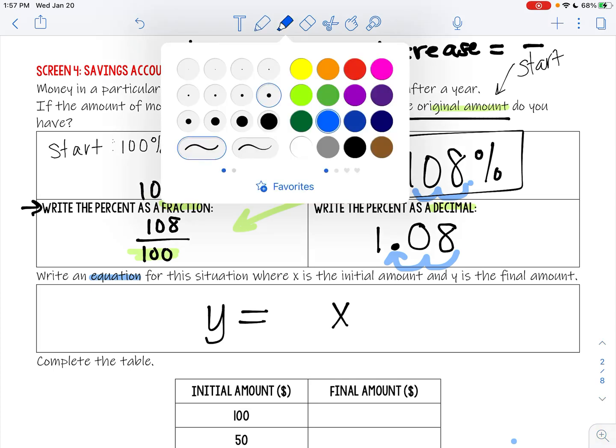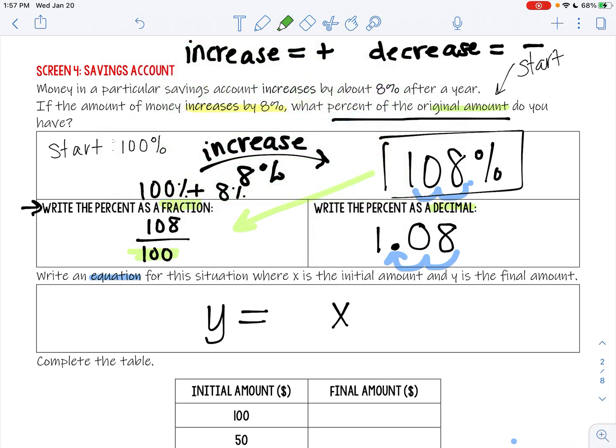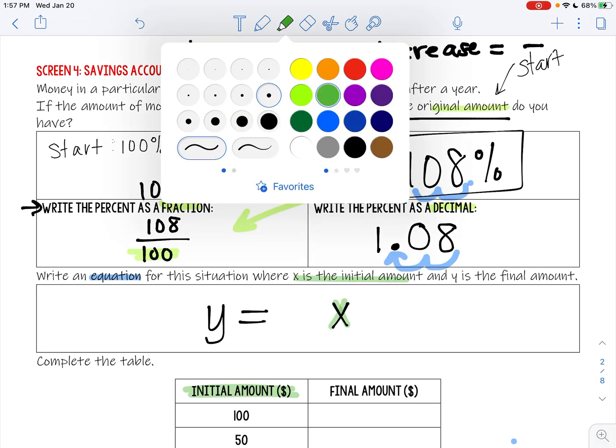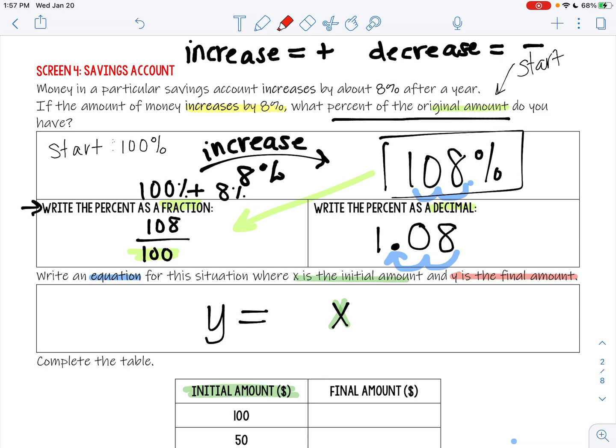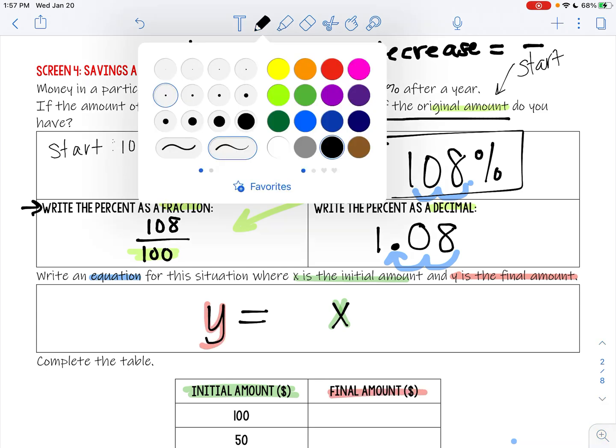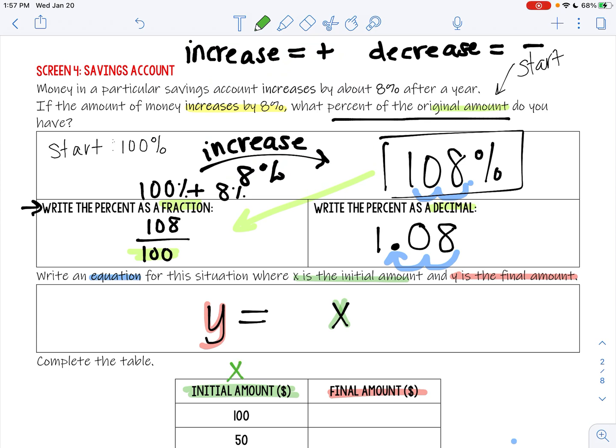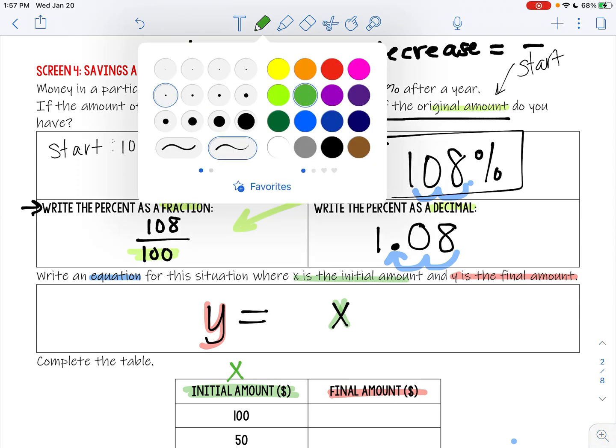This problem here is telling me that x is the initial amount, okay? So there's all my x's. We also know that y is the final amount, okay? So this is my x, this is my y.